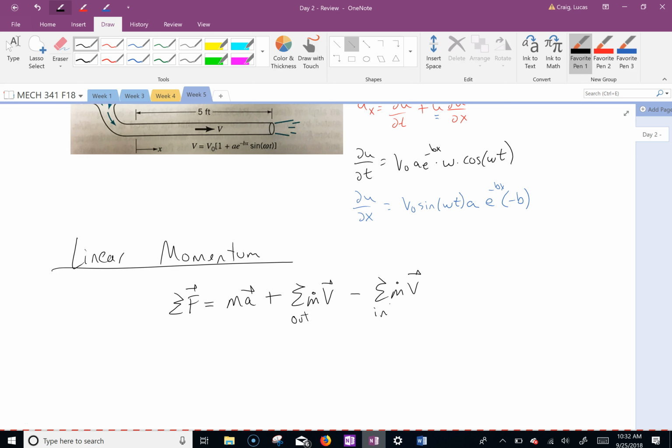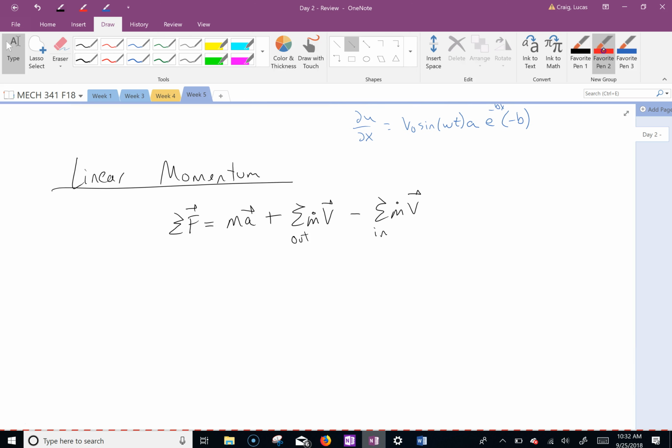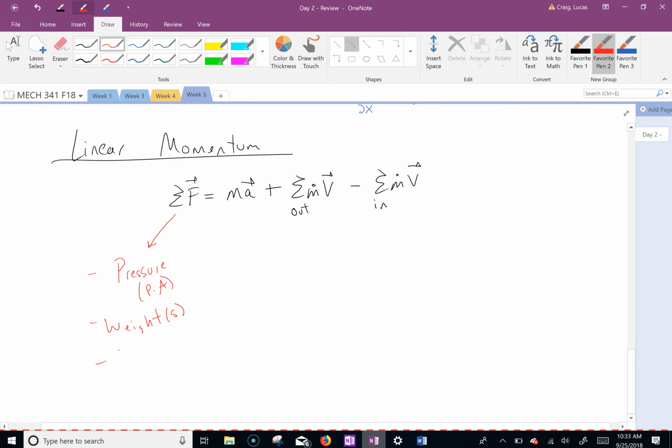Okay. So what are all the forces on the left that you need to write on your free body diagram? Okay, so there are pressure forces, yep. So P times A. You also have weight. Yep. I'll put parentheses. Reaction forces.